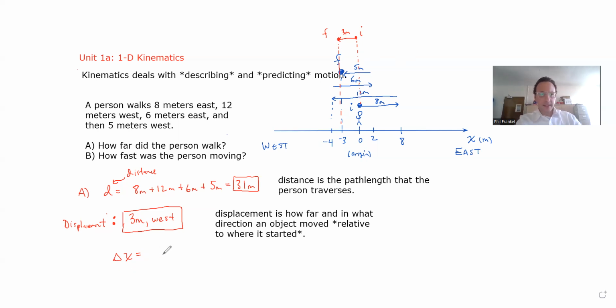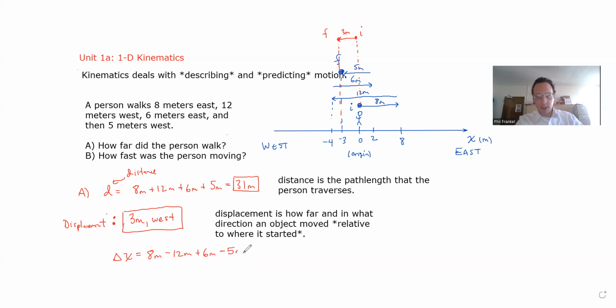And in this case, because the eastward direction is positive and the westward direction is negative, I could compute the change in the x coordinate of the person by noting that the person walks 8 meters east, so that's positive 8 meters, 12 meters west, but west is the negative direction, so I subtract 12 meters from the position, 6 meters east, so I add 6 meters, and then 5 meters west.